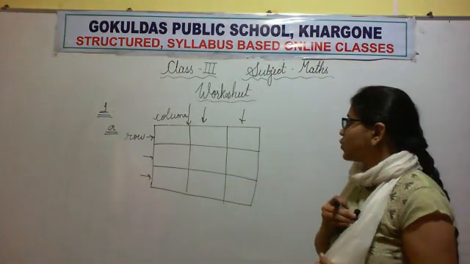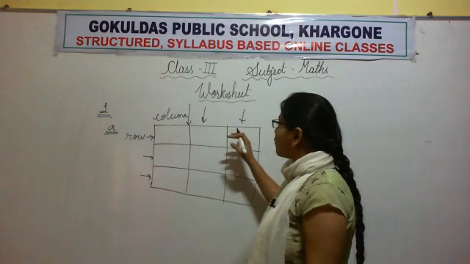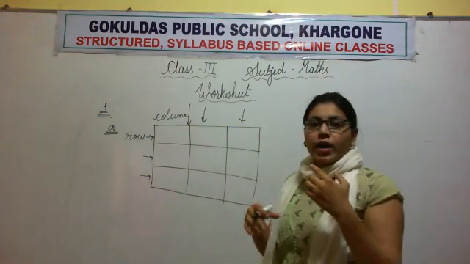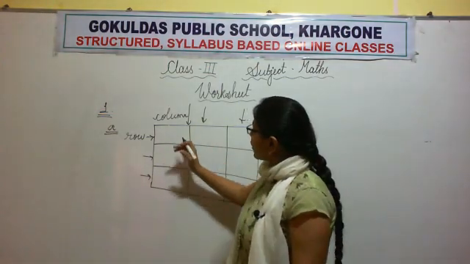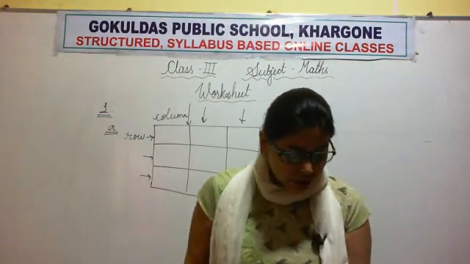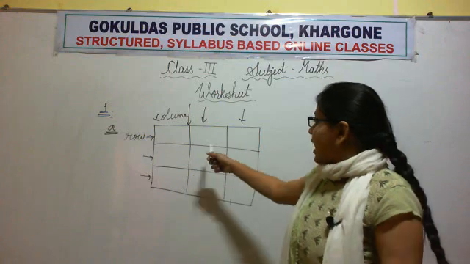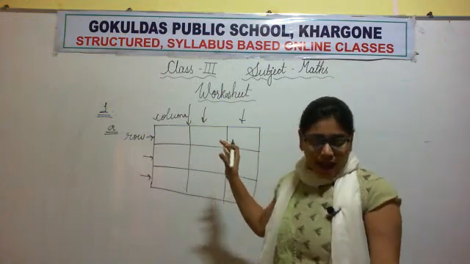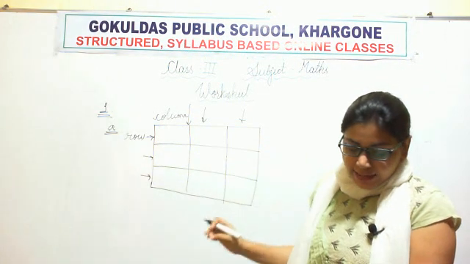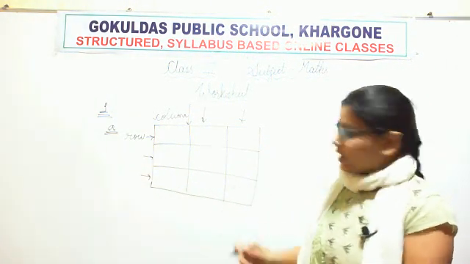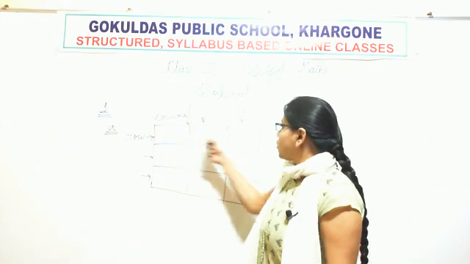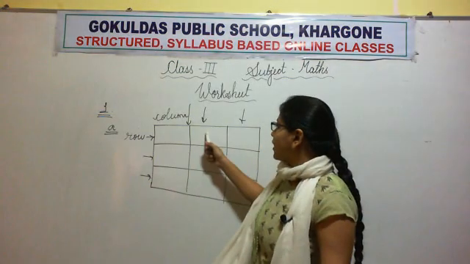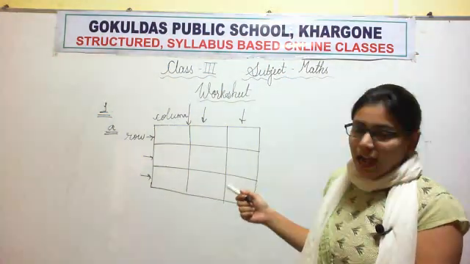Now what is the question asking us? Question is asking us to make the sum of the numbers given in a row equal to 99, and in the column also. Question is telling us to fill the empty boxes of this table such that each row and each column, each row means all the 3 rows and each column, all the 3 columns, add up to 99.